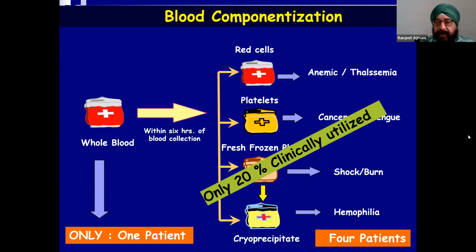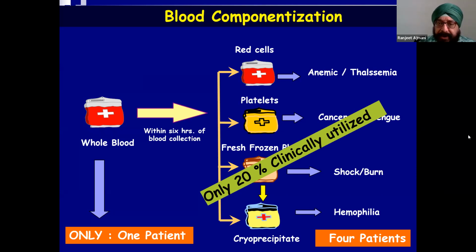But if you look at the plasma, over the globe, this number may vary, but in the larger context of Asia, only 20% of plasma is clinically utilized, while 80% of the plasma remains unutilized in the clinical setting. But this may vary from country to country, setup to setup, season to season, etc. So what do we do with the plasma?